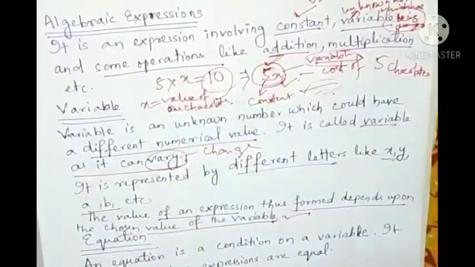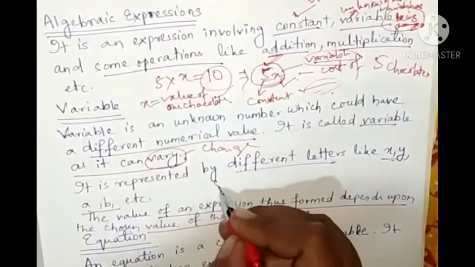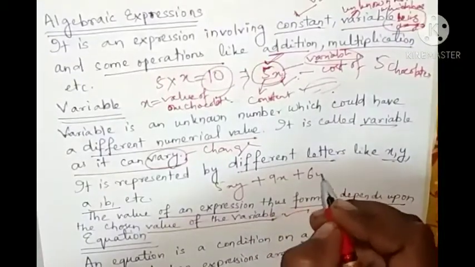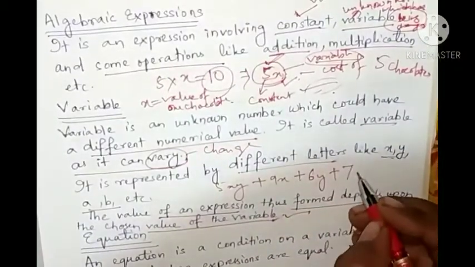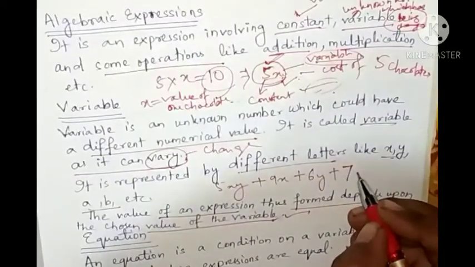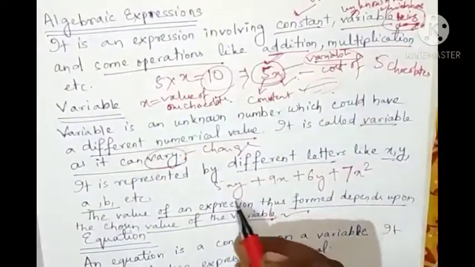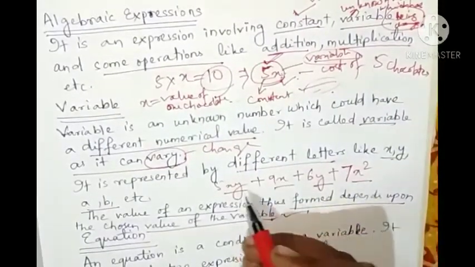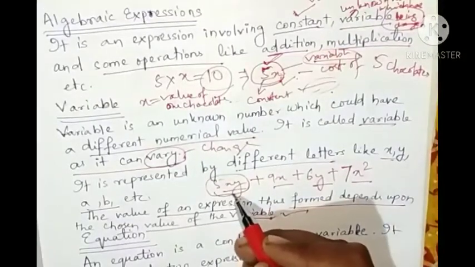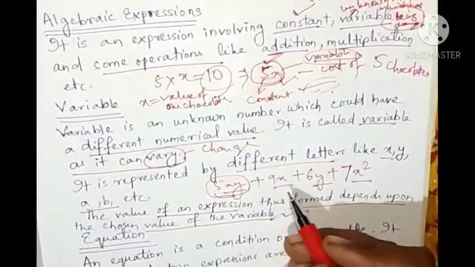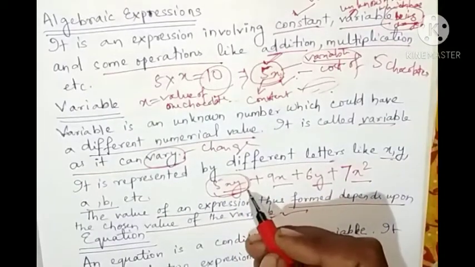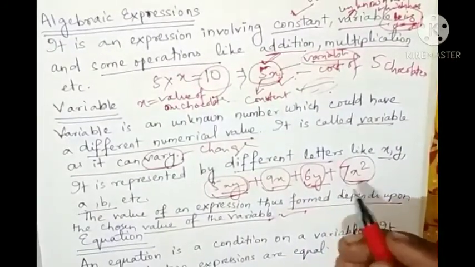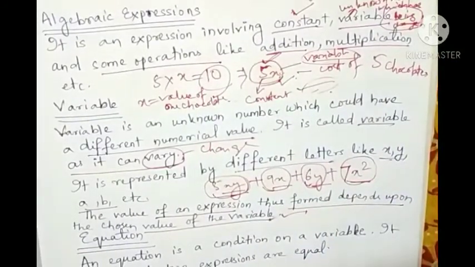And in the last class we studied about terms. If I am writing 5xy plus 9x plus 6y plus 7x square, you see that the variables are different. So 5xy is a term, 9x is a term, 6y is a term, and 7x square is a term.